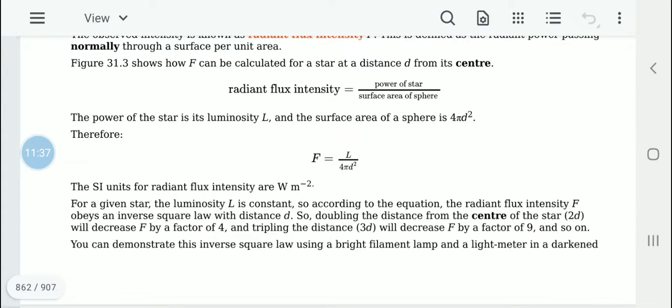So the equation is radiant flux intensity equals power of star divided by surface area of sphere. So F equals L upon 4 pi d squared. Therefore, the SI unit of F, radiant flux intensity, would be watts per meter squared.